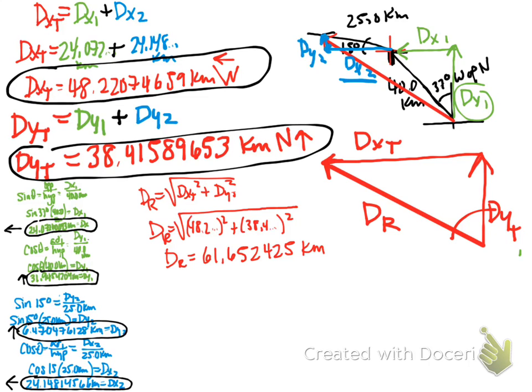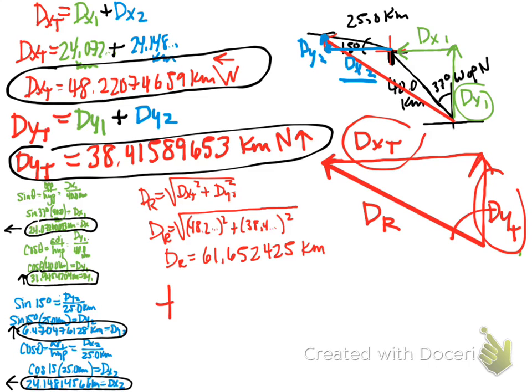Okay, so now we just need to get our heading, and you remember how I said don't rely on numbers that you computed to get your heading? Well, you computed all of these. You know, you can't really go back to the originals, but you're better off to take those.